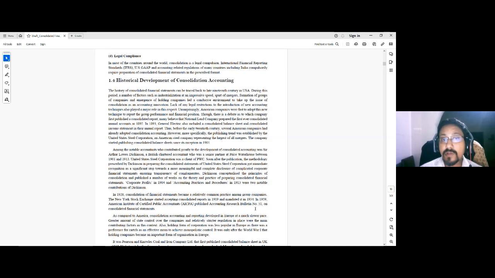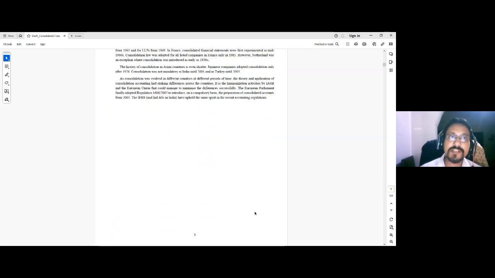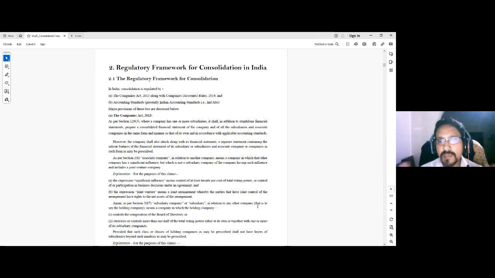Now comes the question: if consolidation is required, then how does the consolidation have to be done? For that, we need to follow the regulatory framework for consolidation in India. If you follow the regulatory structure for companies in India, then you will find that companies are mainly regulated by Companies Act 2013, along with different Companies Accounts Rules 2014 and accounting standards.